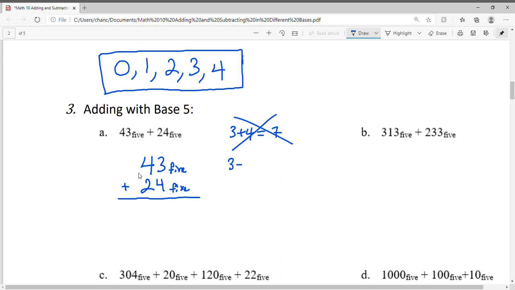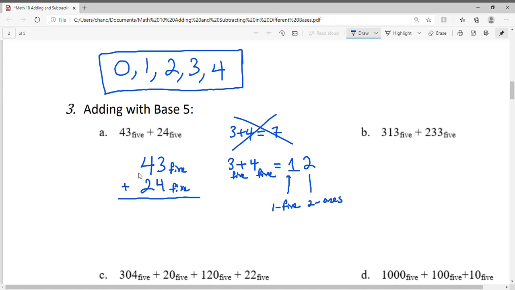3 plus 4 in base 5 is equal to 1 five plus a remainder of 2. So this 1 represents 1 five, and this 2 represents 2 ones.